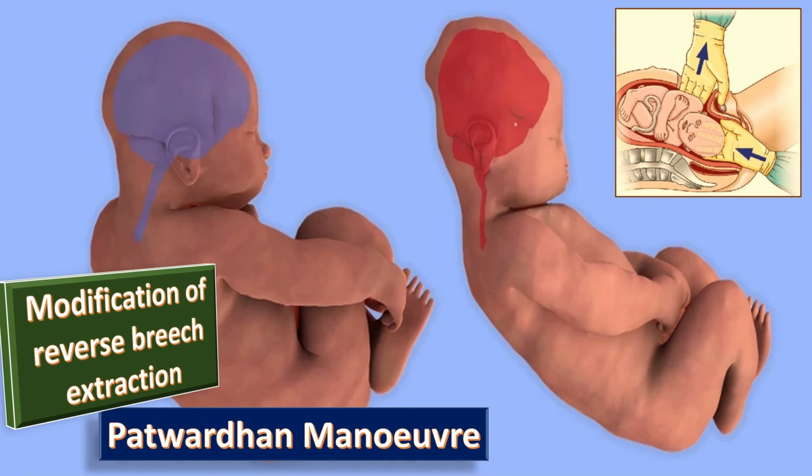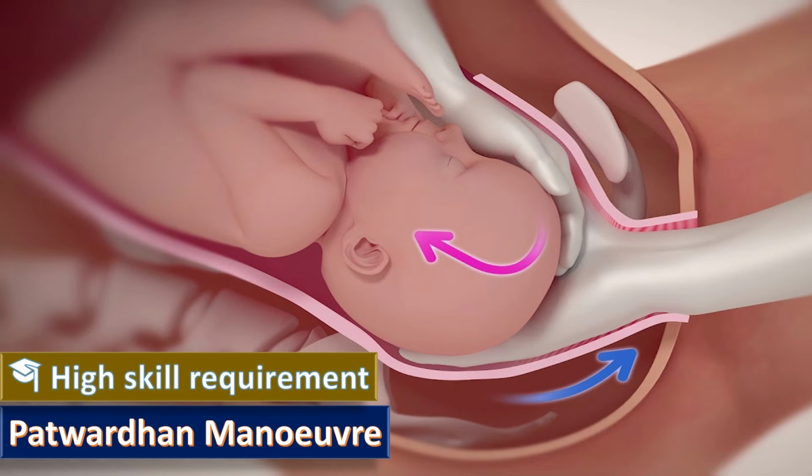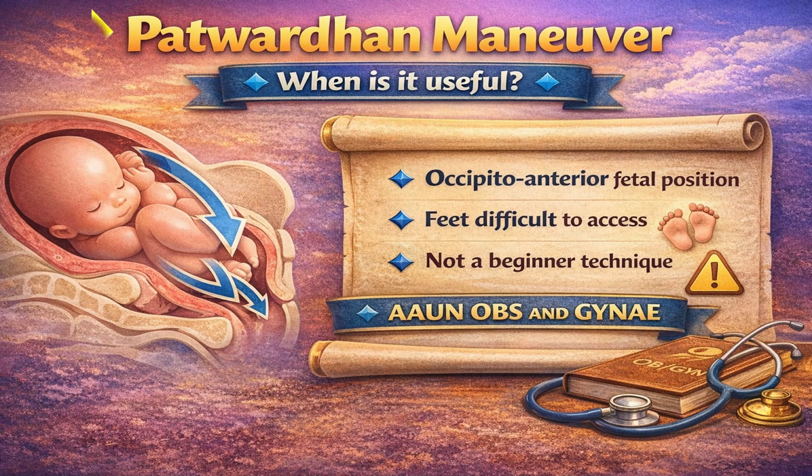So, the Patwardhan maneuver is a very highly skilled technique. It needs specialist training and repeated practice, and simulation-based training is recommended. That is why it is limited globally, because of the lack of availability of experts. Now, when is the Patwardhan maneuver useful?